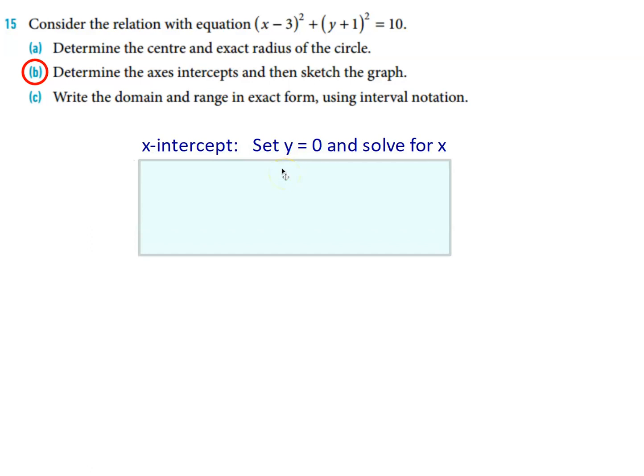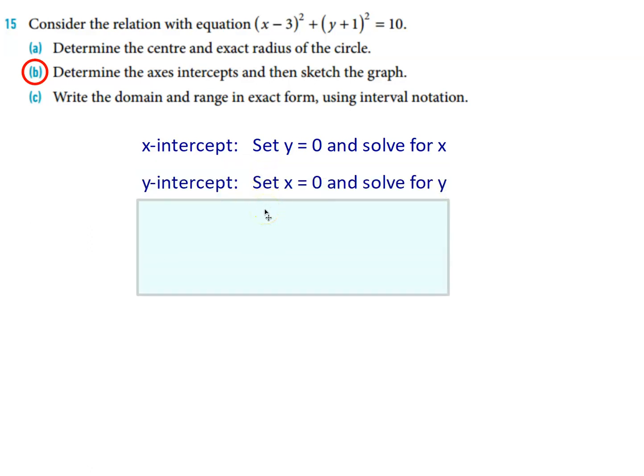To find the x-intercept, that means crossing the x-axis, y is equal to 0. So make y equal to 0 and solve the equation for x. That'll give you the one or more x-intercepts. Because this is a circle, it might very well cross the x-axis more than once. For that matter, it might not cross the x-axis at all. That's also possible.